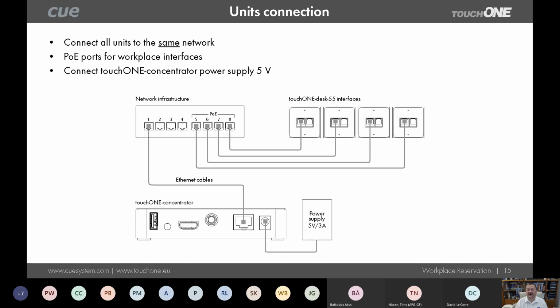So you have all workplace interfaces connected via PoE connection, so they are powered via PoE, and to the same network, but not necessarily via a PoE port, is connected the concentrator. As well, on this network is access to your infrastructure, to your Office 365 or something else. So that's the hardware connection.